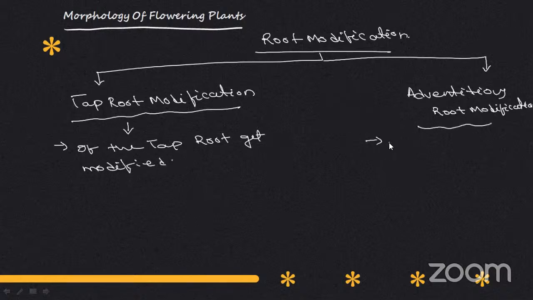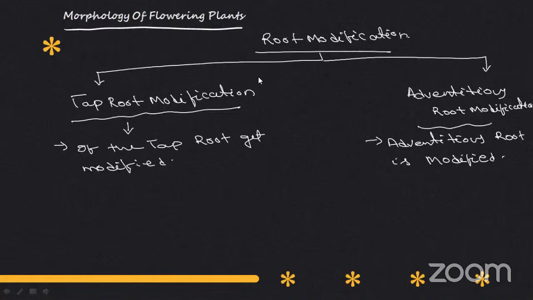If the advantageous root is modified, then that is called your advantageous root modification. So there are two kinds of root modification: one is taproot modification, and another is advantageous root modification. Okay, so let's start the taproot modification. Let's come to the taproot modification.